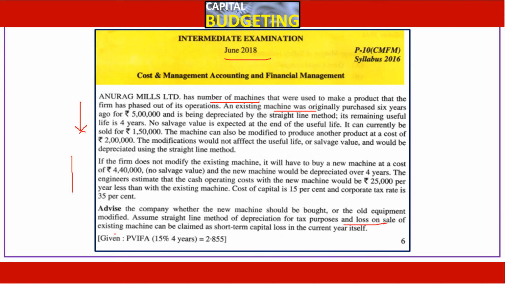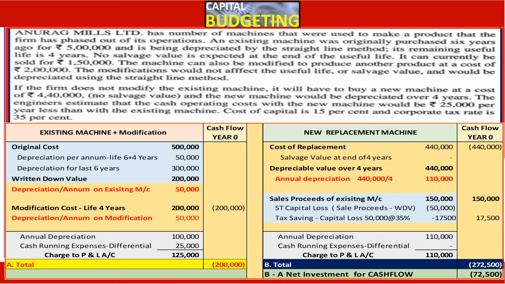Loss on sale of existing machine can be claimed as short-term capital loss, meaning the corporate tax can be applied to it as a tax saving if there is a loss. This is the point. Second point is, these problems carry 6 marks. We cannot afford to spend more than 12 minutes on them at the maximum. Let us get into the problem.